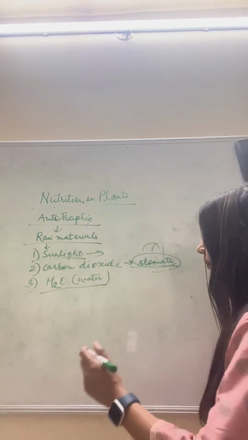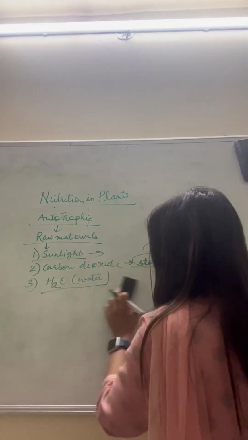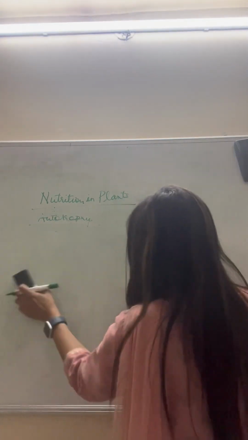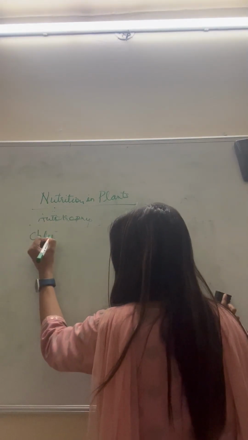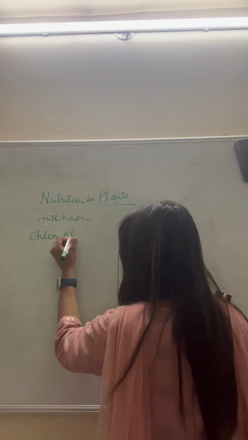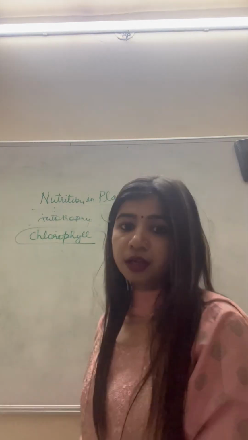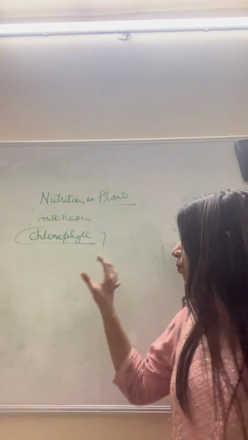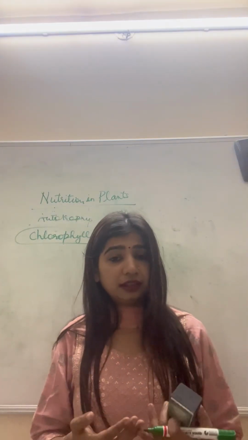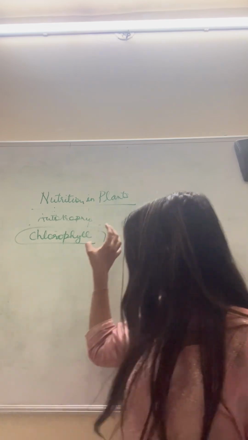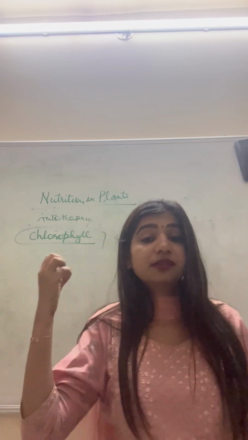And there is a pigment called chlorophyll. Chlorophyll is the most important pigment present in green plants, and through this pigment only plants are able to capture the sunlight.